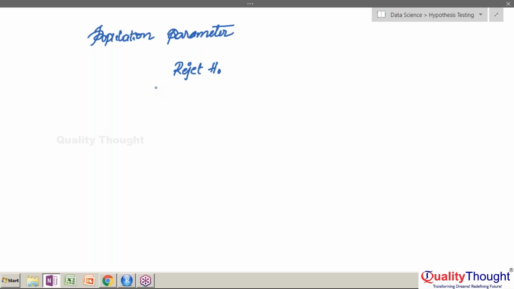That is always assumed to be the null hypothesis. Now the null hypothesis is the average of all the notebooks for the past 1 year, which is 28 rupees.